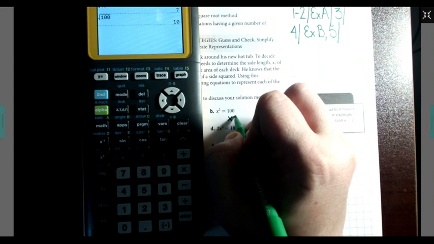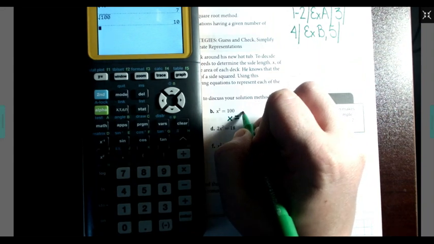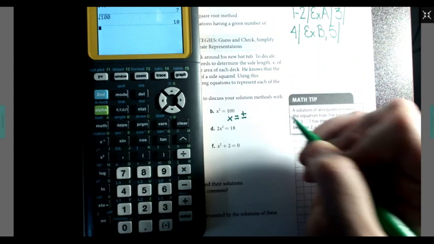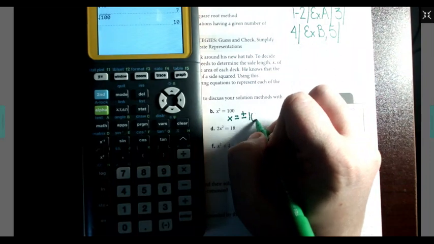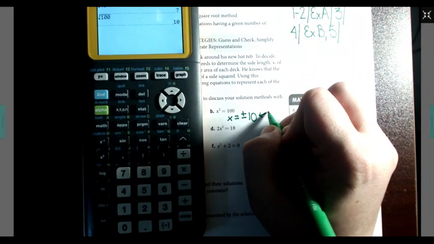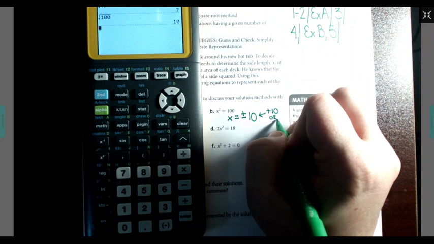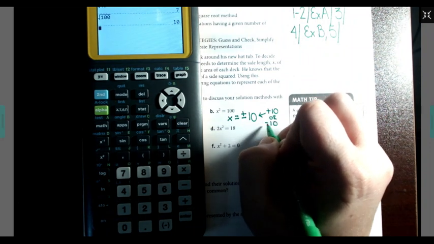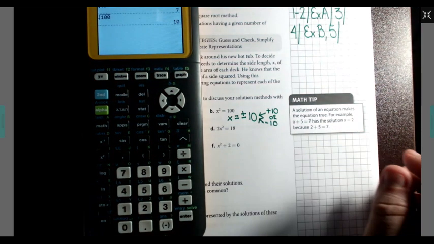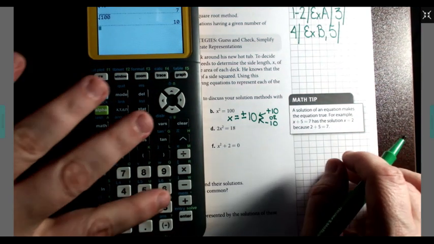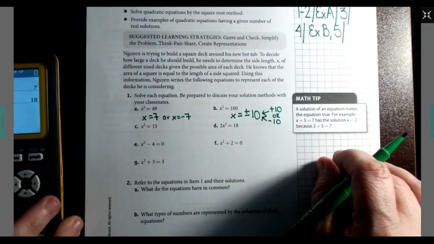So you might see it sometimes written as x equals plus or minus 10. This means positive 10 or negative 10. Okay, so that plus minus key means positive or negative.